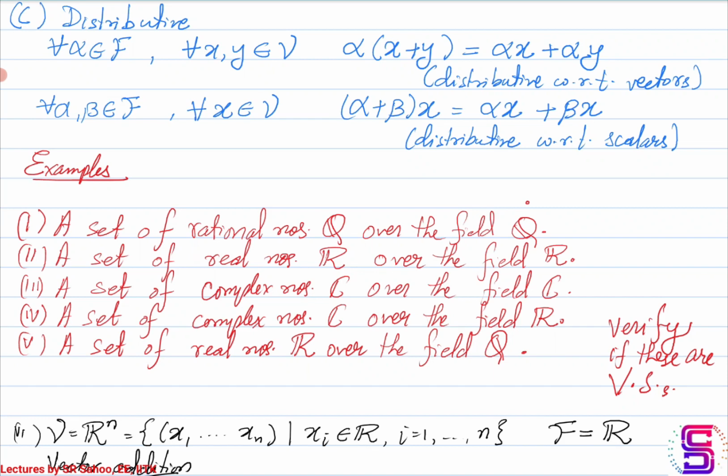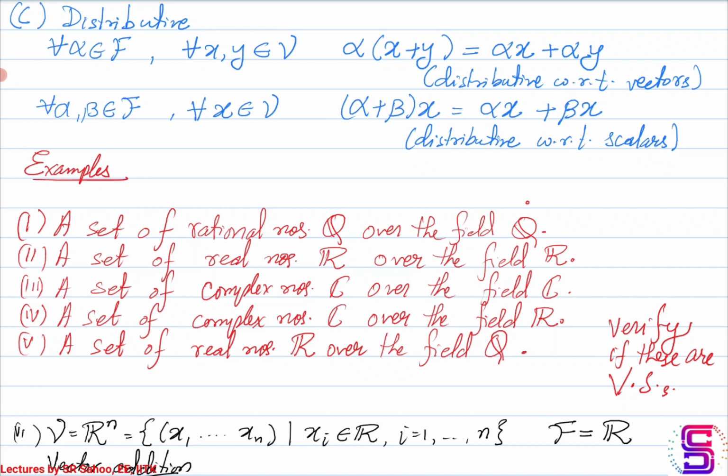And similarly, you can see the scaling products as well. You take any two rational numbers from the field and multiply them with a vector in V, where here V is equal to Q, you get back a rational number, and that rational number is also equal to the individual or successive scaling that you would do. Okay, so the scalar multiplications are satisfied. Similarly, you can verify the distributive equalities are also satisfied.